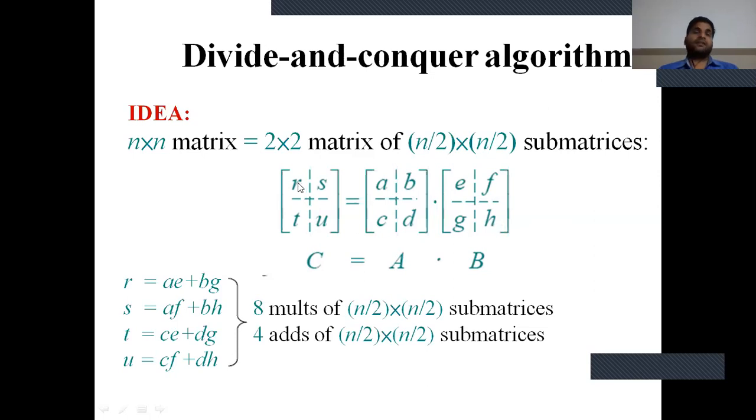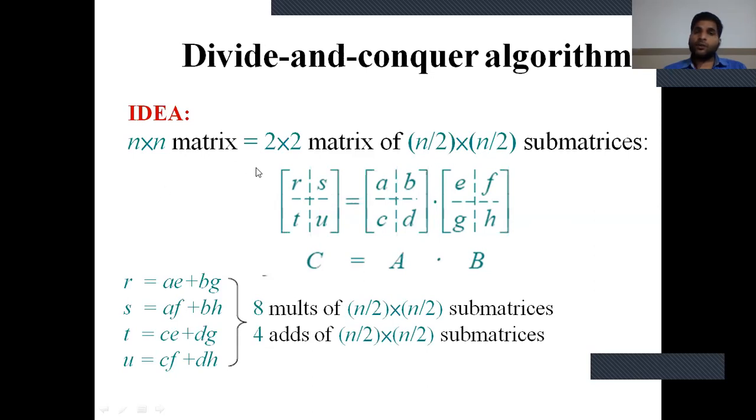Then we calculate the value of R equal to AE plus BG. The value of S is calculated as AF plus BH, T equal to CE plus DG, and U is calculated as CF plus DH. So we can find the C matrix as the multiplication of the A and B matrices with the help of the divide and conquer algorithm.